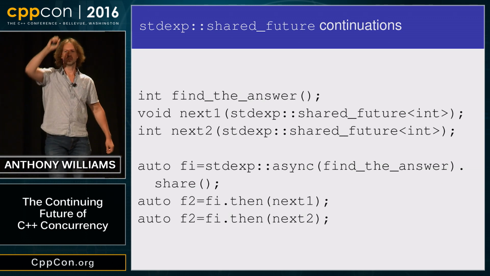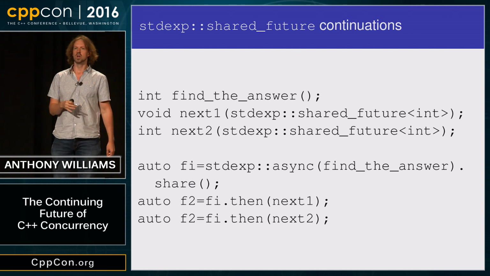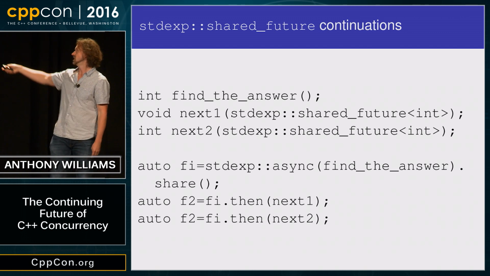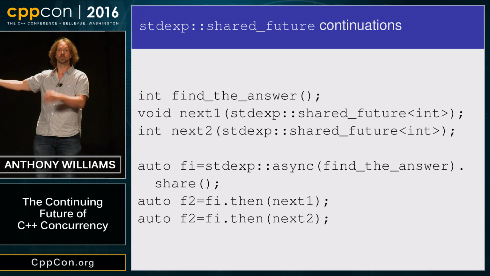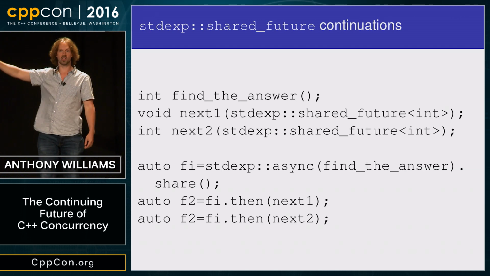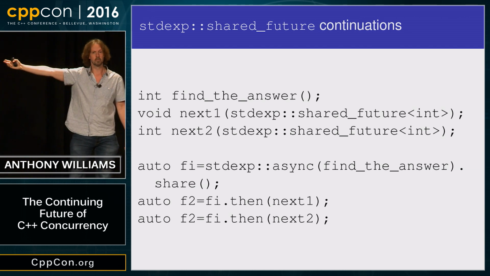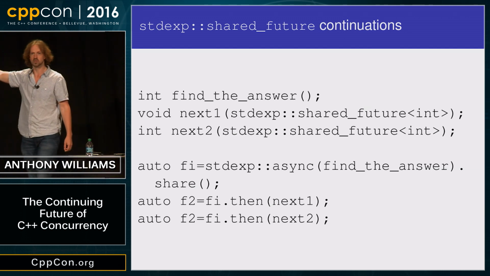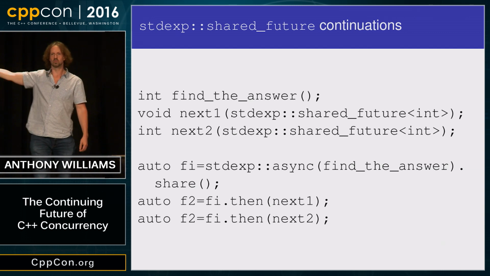Yes, there is a question in the middle. What happens if one of them throws? Well, it's just a continuation, which is an async task wrapped in a future. So if it throws, then the future associated with that continuation will capture the exception. In this case, we've got two continuations, which are stored futures F2 and F3, although on the slide I've called them F2 and F2, so that's just confusion.